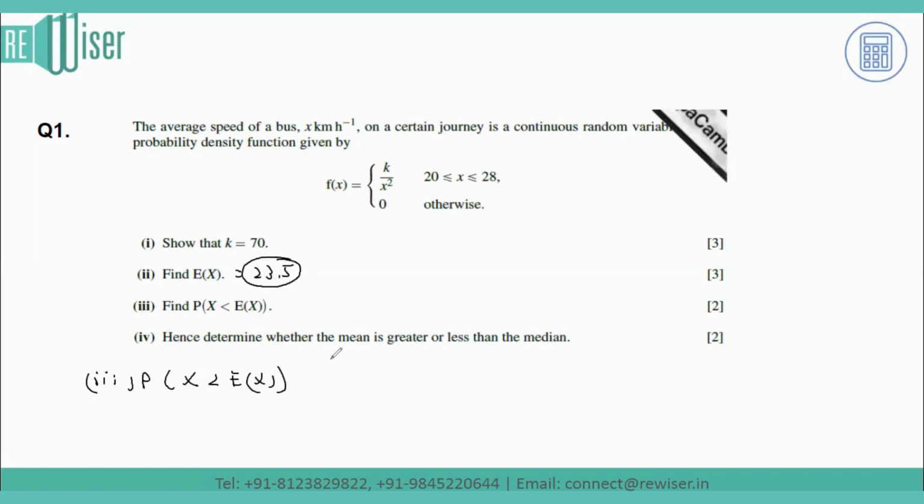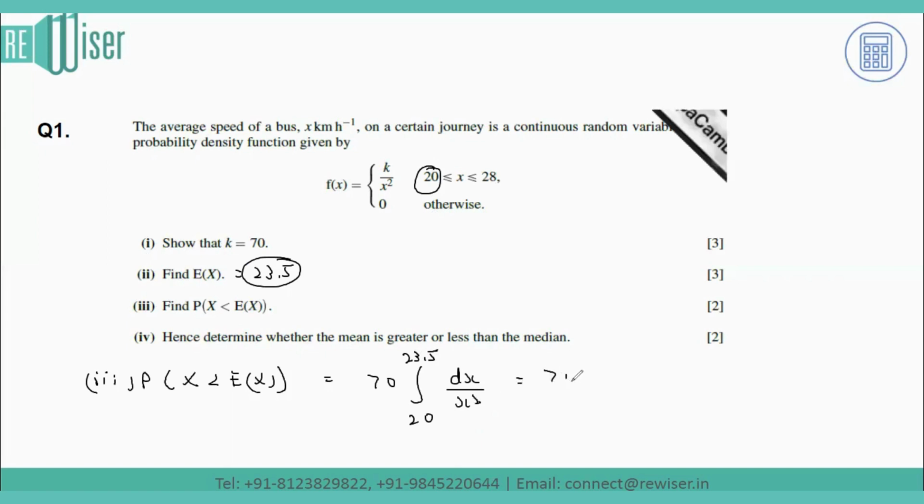So that means we have to integrate the given function. The k value is 70, which we already found out. The integration sign, the lower limit will be 20, and the upper limit will go up to the expected value, which is 23.5, and our f(x) function should be dx by x squared.